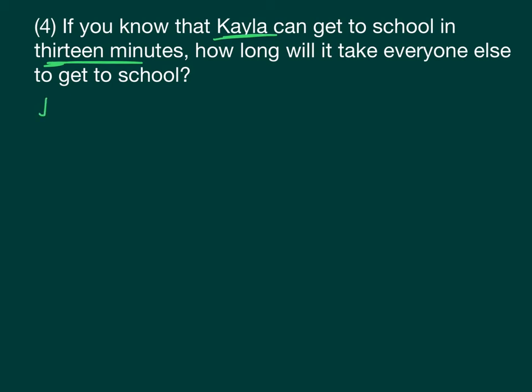So again, we're going to have Kayla equals Kayla. And you should get used to doing this and seeing this, even though it looks funny at first. So the expression for Kayla we knew was 2M plus 5. And the value that's now been assigned is 13. So those are the two things that have been assigned to Kayla.